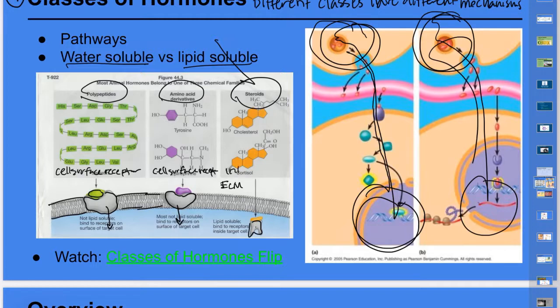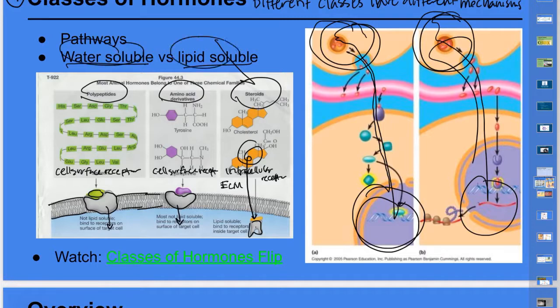Now, the third type are the steroids, which are lipid soluble. Because the steroids are lipid soluble, and this is the extracellular matrix out here, the receptor for these is located inside. So this is an intracellular receptor.